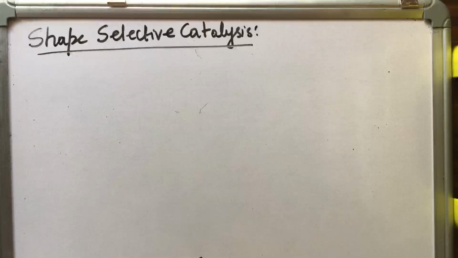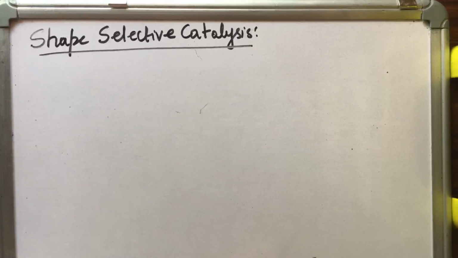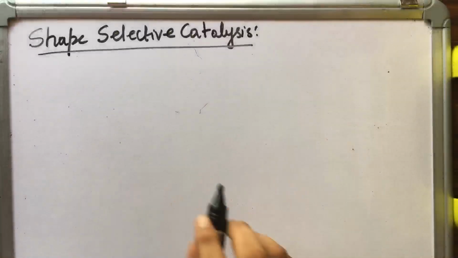There are certain catalysts which depend on the pore structure of the catalyst and the size of the reactant and product molecule. So what is shape selective catalysis, students?